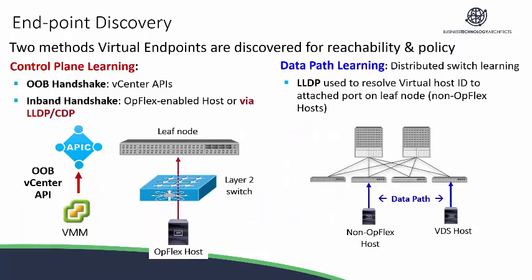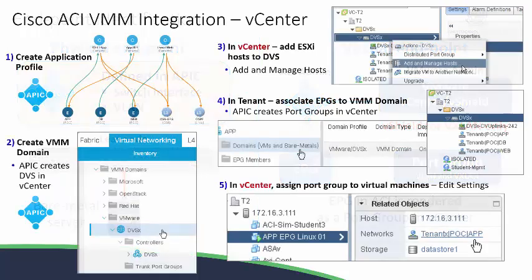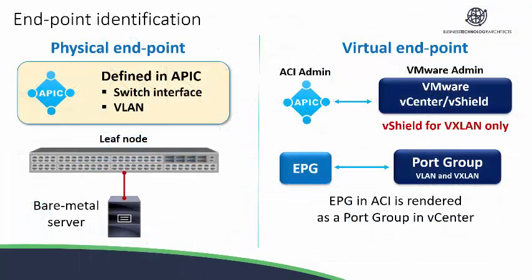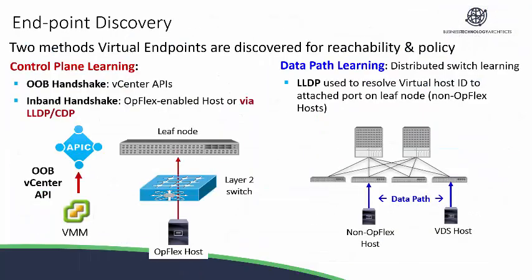So how does ACI find or discover virtual endpoints? There are two options: control plane, via an out-of-band handshake or an in-band handshake via OpFlex, or the data path. The Microsoft 2012 vSwitch does that differently. Control plane learning is an out-of-band handshake with the vCenter APIs.